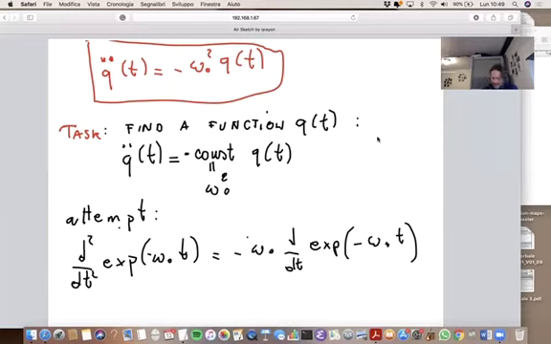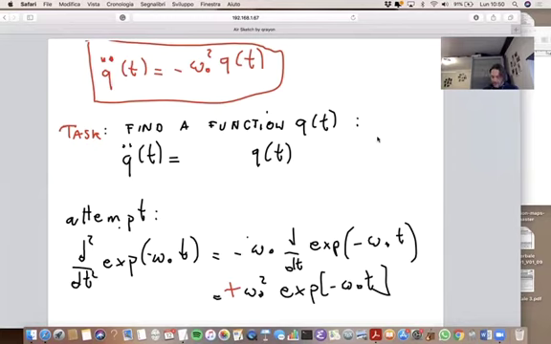Well, you see what happens. I get almost what I want. I get an omega squared. I get the function itself, as I would like. Unfortunately, though, I don't get a minus sign. I get a plus sign. But if I go back and look here, I want a negative omega naught squared.